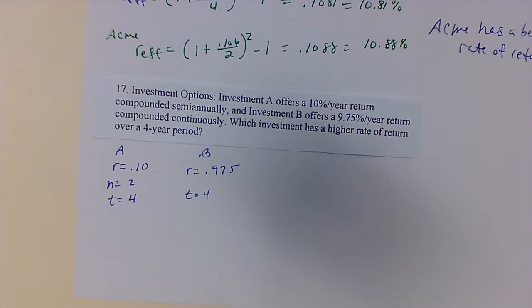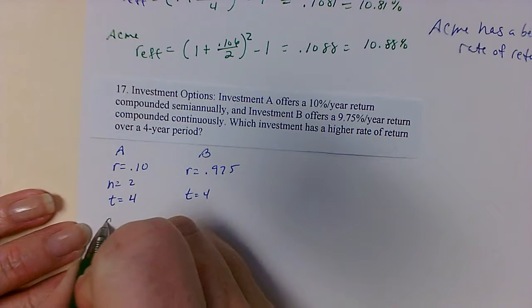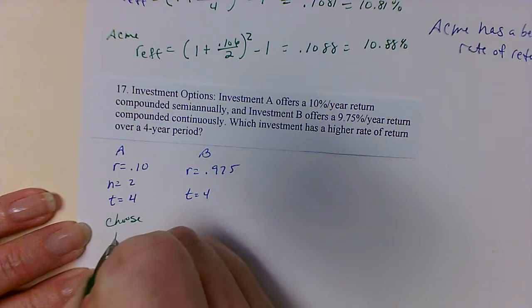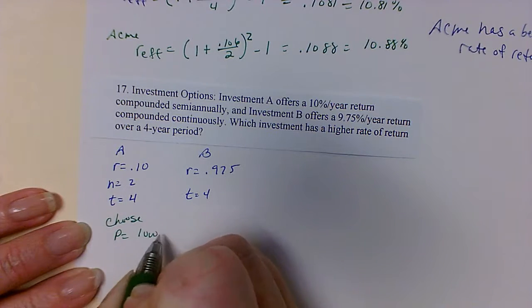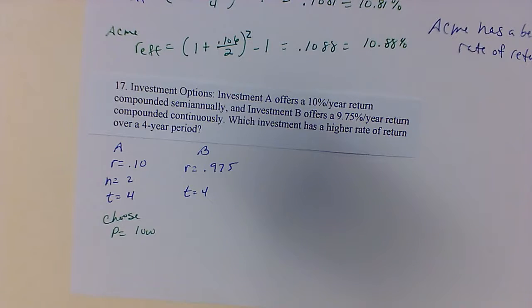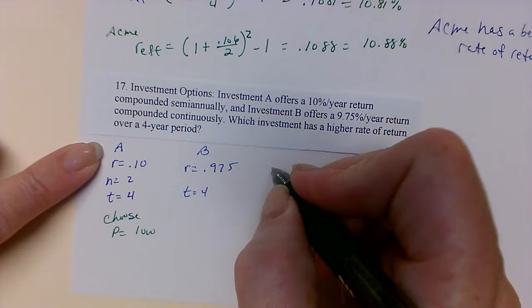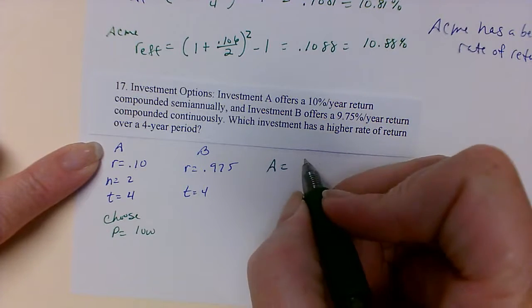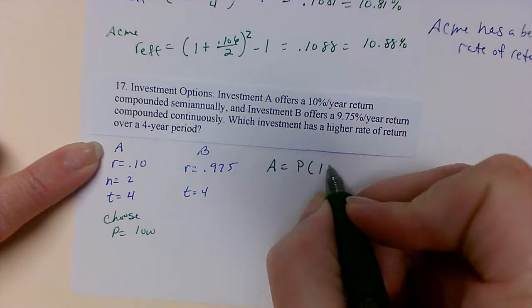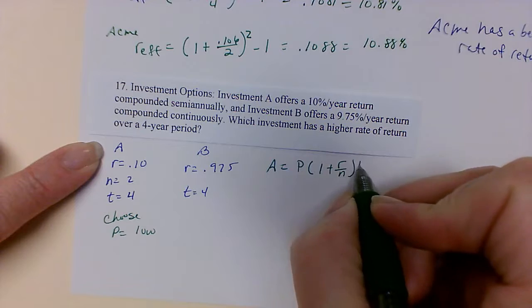We need to choose a comparison amount. So in our case, we are going to choose our P is equal to $1,000. You can choose what you want, but that's what we're going to choose. So for A, we are looking at A is equal to P times 1 plus R over N raised to the NT.